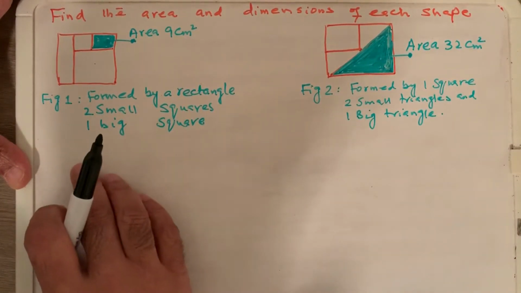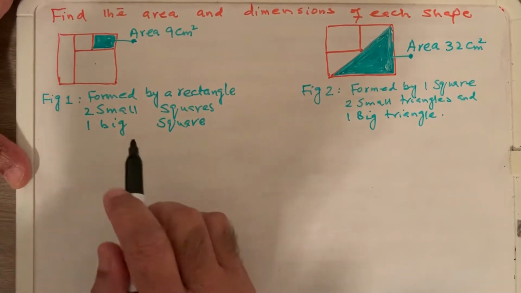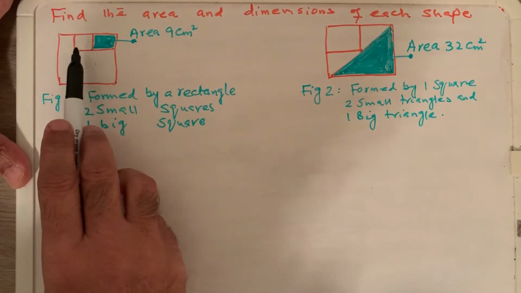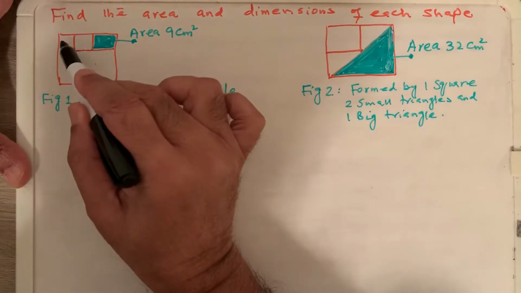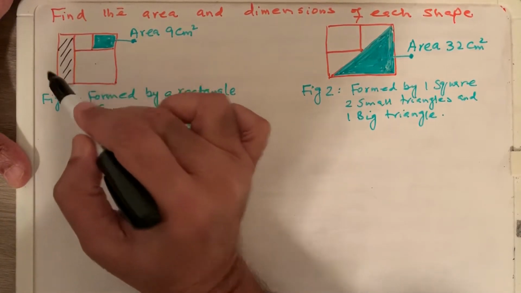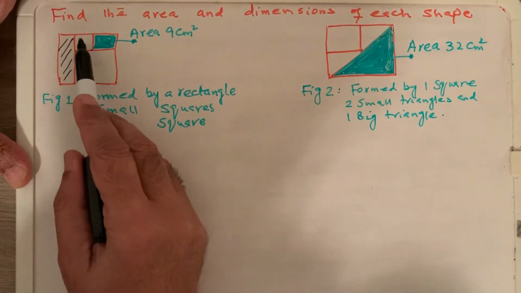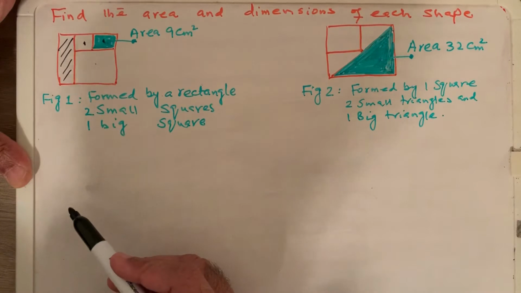In the first question, figure 1, we have to find out this shape. This is a square formed by a rectangle, two small squares, and a big square.